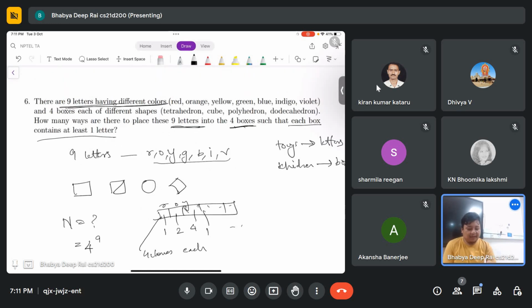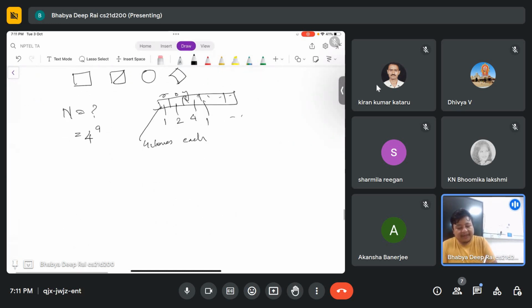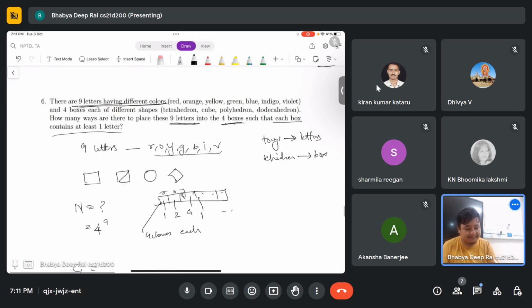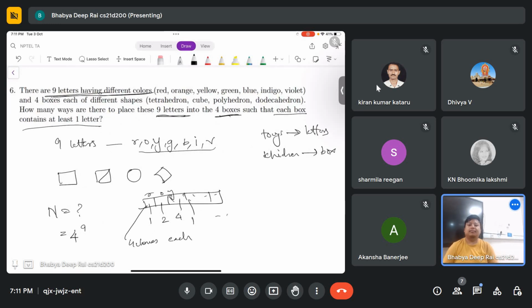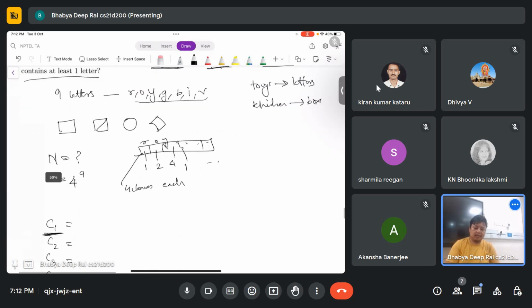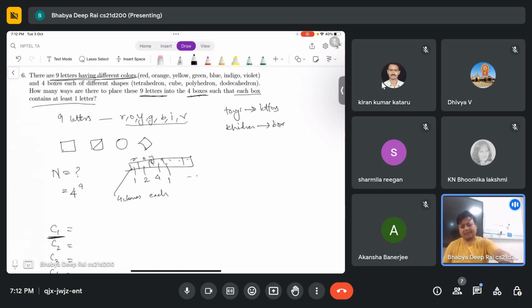Good. And now, can you tell me what should be my conditions C1, C2, C3, and C4? Can you tell me what is C1? What should be C1, C2, C3, C4?